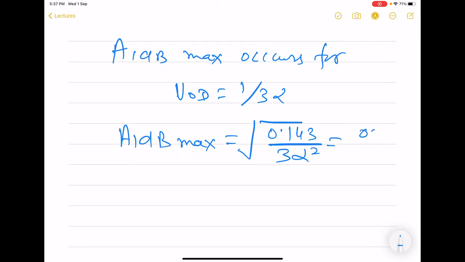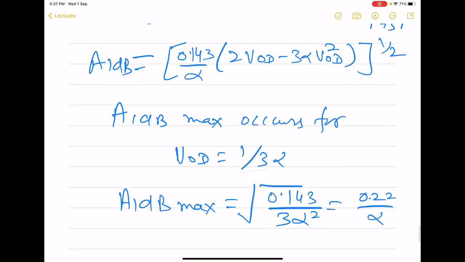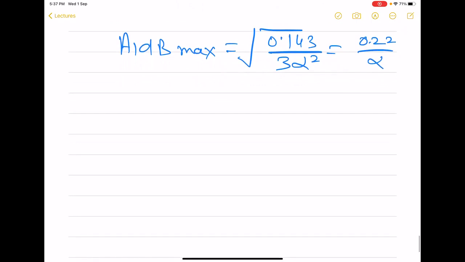So this will turn out to be 0.22 by alpha. So this is the maximum value for these two parameters. So we obtained these two parameters when we took more accurate expression for the drain current.